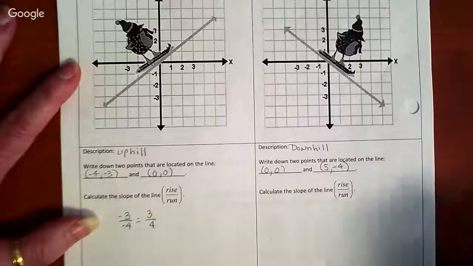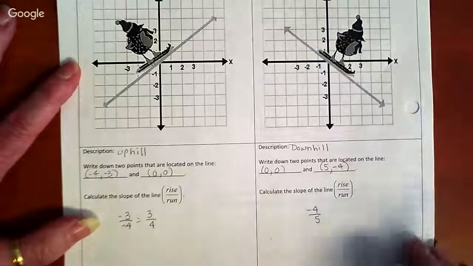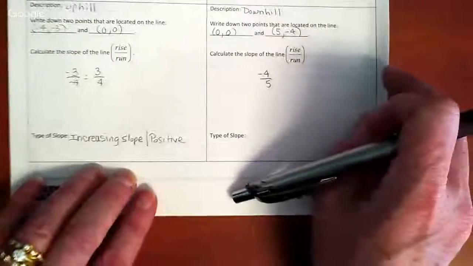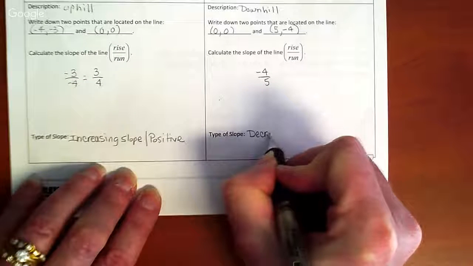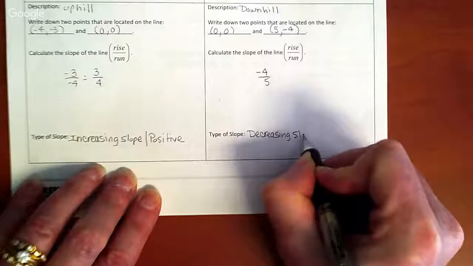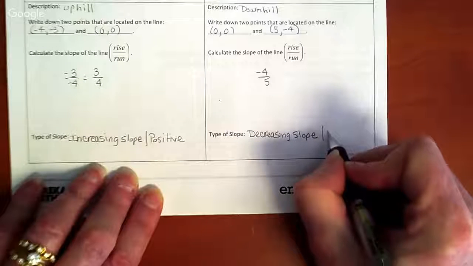So for this one, we've got -4 over 5. And this is a decreasing slope. So I'll put that down here. And it is negative.